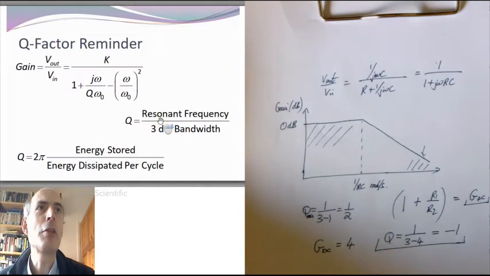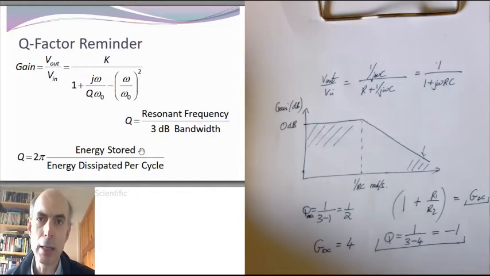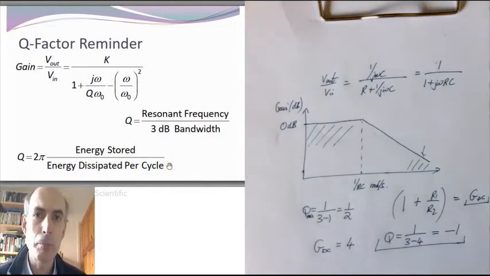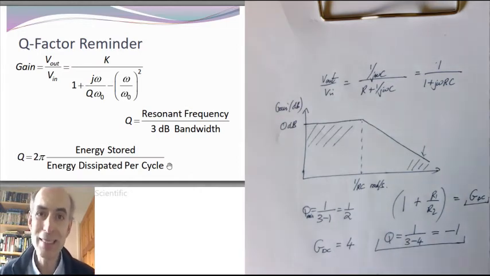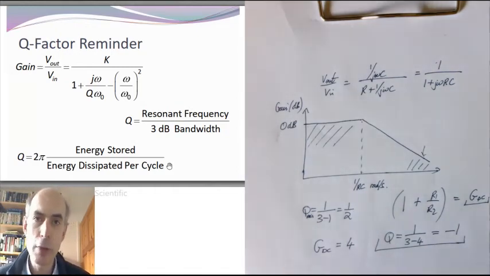One of them is to think in terms of this expression for the Q factor, which we haven't derived, but it expresses the Q factor in terms of the energy stored in a circuit divided by the energy dissipated per cycle. Now, in an electric circuit, the energy can be stored in the electric field in capacitors or in the magnetic field in inductors. Energy is also dissipated by any current flowing through a resistor.